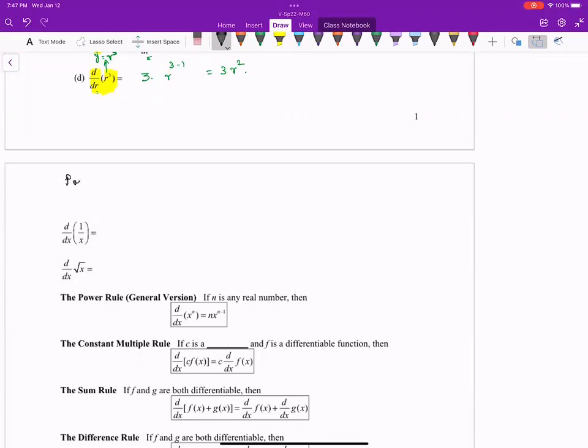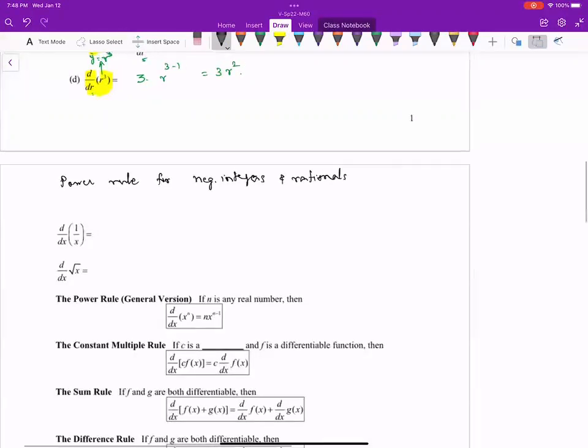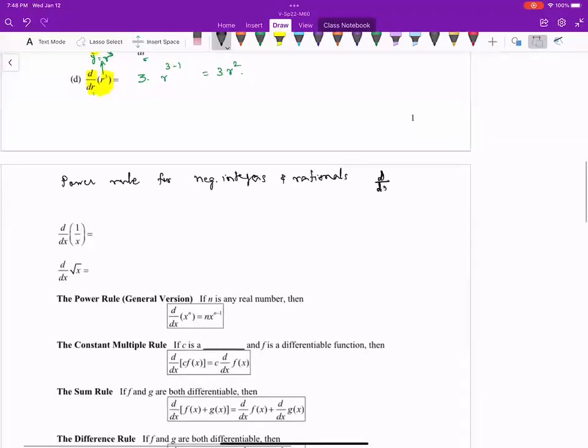So power rule for negative integers and rationals is also the same: d by dx of x to the power n is n x to the power n minus 1. Here we can assume n to be an integer or rational.